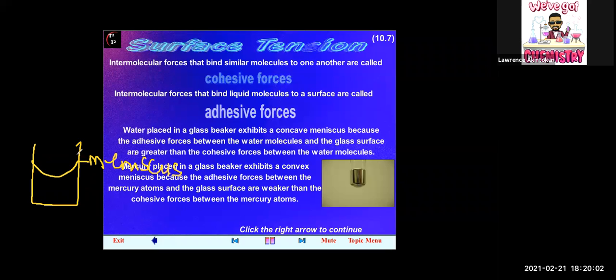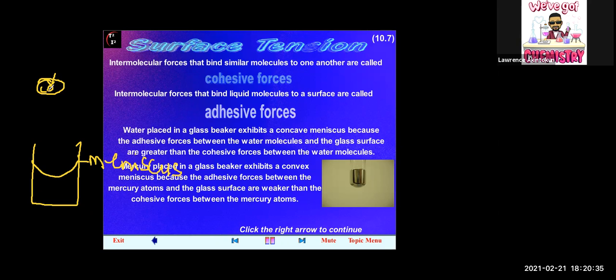This curves up because there is a force called the adhesive force. The force between the glass and the water is higher, so the water goes up compared to the cohesive force. Cohesive force is the force within the liquid. The force that holds the liquid together is cohesive. The force between the liquid and the container is the adhesive force.